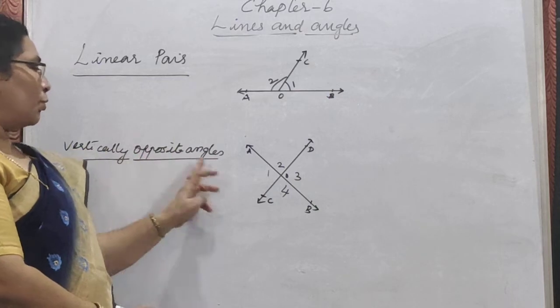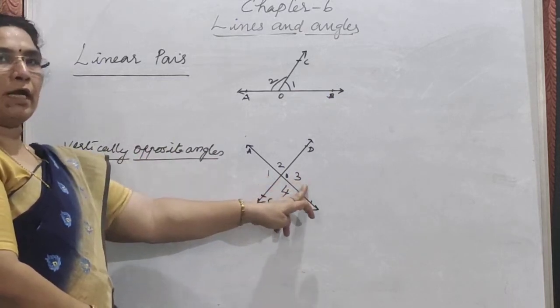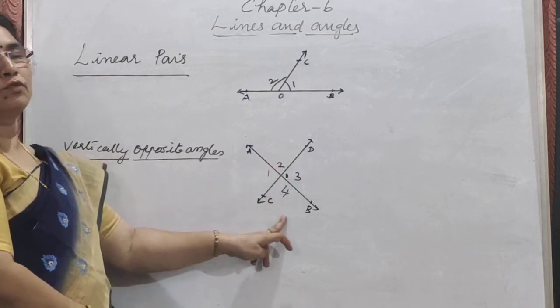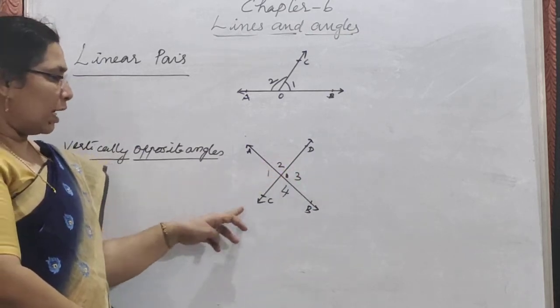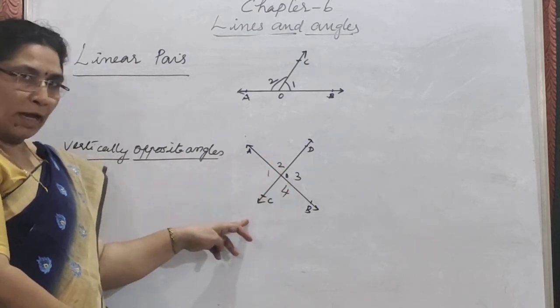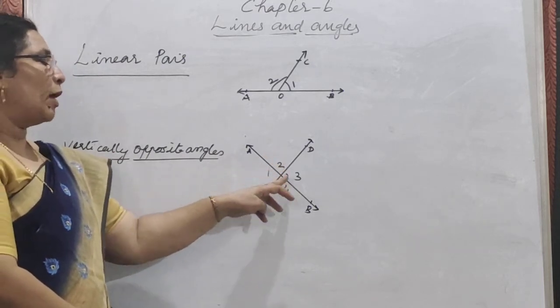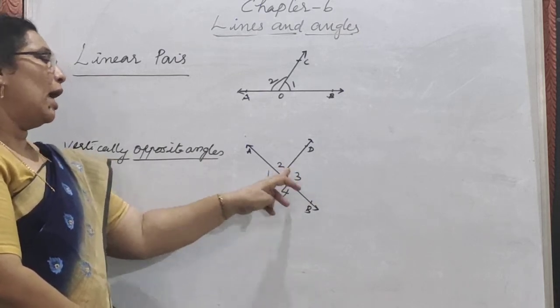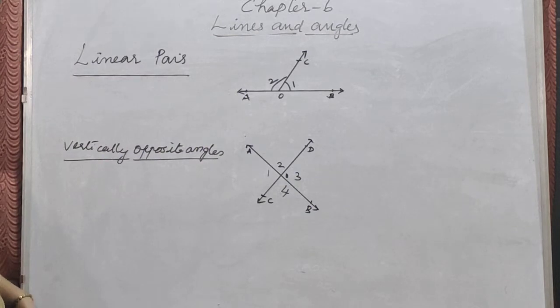Vertically opposite angles: angle 1's opposite angle is 3. So vertically opposite, 1 equals 3 as well as 2 equals 4. So AB and CD are two lines intersecting at O, and we get 4 angles. In this, the pairs of opposite angles are equal. Angle 1 equals angle 3 and angle 2 equals angle 4. These angles are called vertically opposite angles and they are equal.